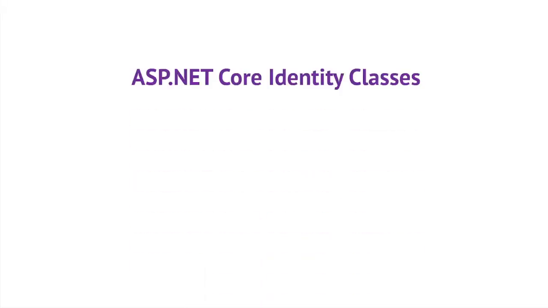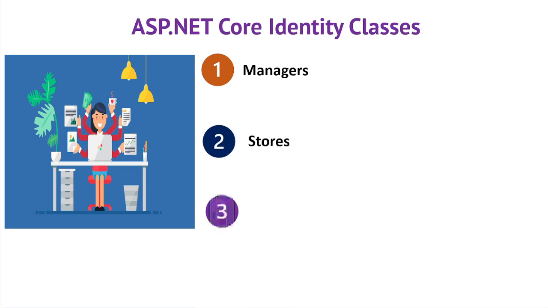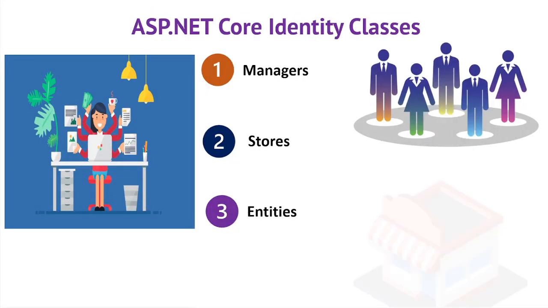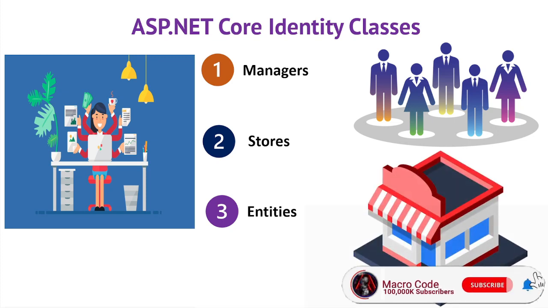The next thing that I want us to discuss is what are some of the identity classes. ASP.NET Core Identity has some classes: the managers, the stores, and the entities. We are going to see some of the entities in today's video and what their roles are when it comes to ASP.NET Core Identity.